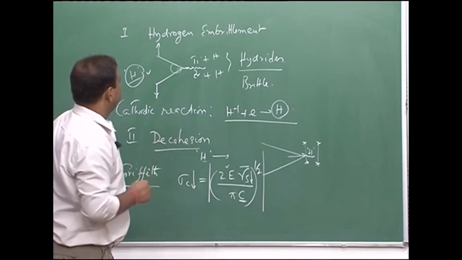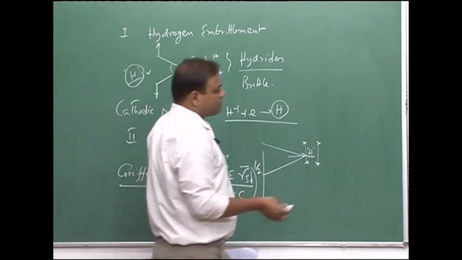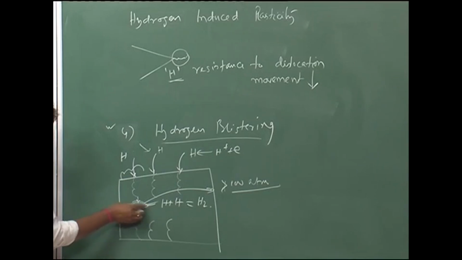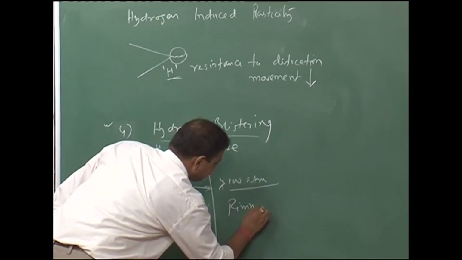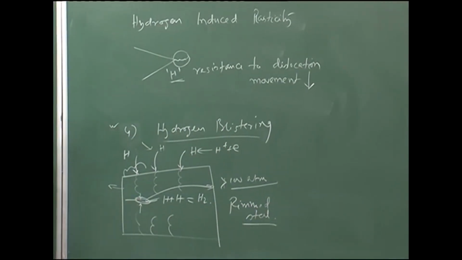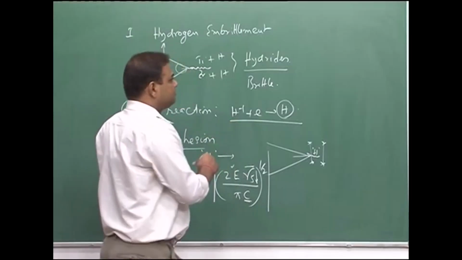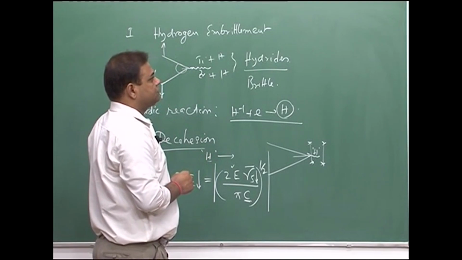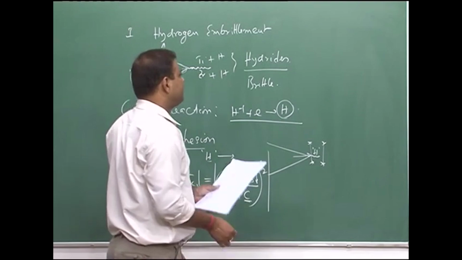This way we can protect against hydrogen embrittlement or hydrogen related plasticity, and somehow if we can reduce this void formation inside the material, which happens in the case of rim steel, then hydrogen blistering can be avoided. So, these are some ways to protect material from hydrogen related cracking phenomena.